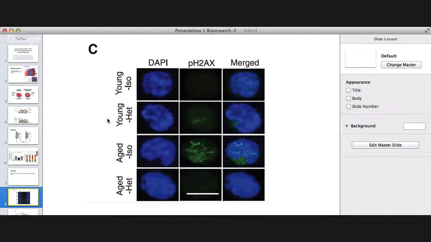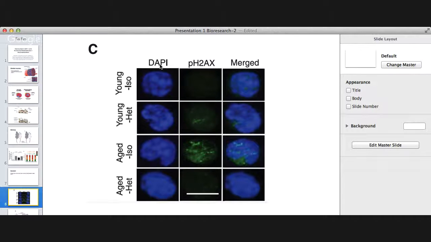And gamma-H2AX is a marker, and it shows basically when DNA is damaged and the histones are actually phosphorylated around it. So this is the marker for phosphorylation.